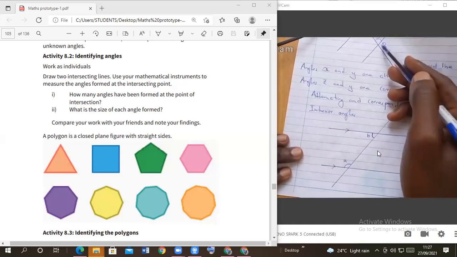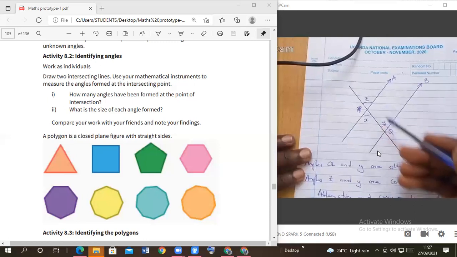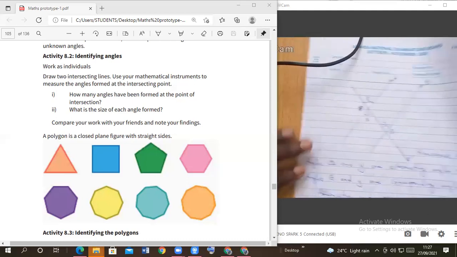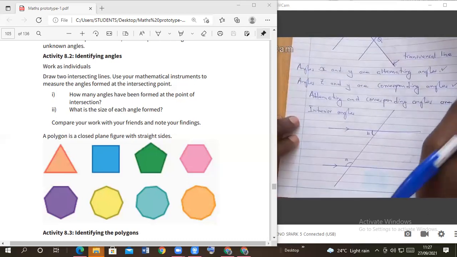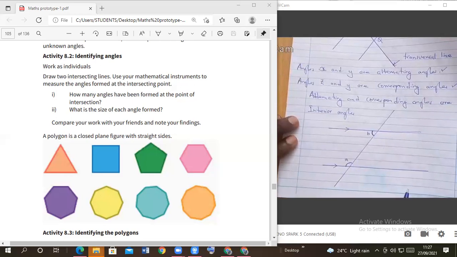We have seen how alternating angles look, and we have seen how corresponding angles look. If they are not alternating and not corresponding, then they must be interior angles.